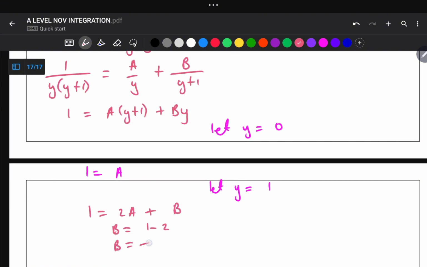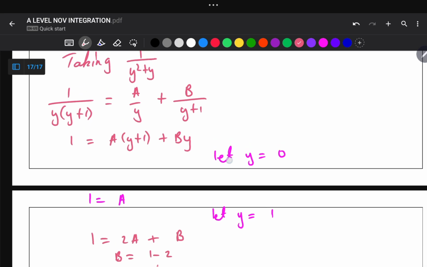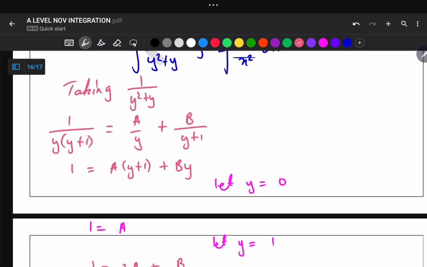So B is equal to negative 1. Therefore 1 over y squared plus y in partial fractions is equal to 1 over y minus 1 over y plus 1.